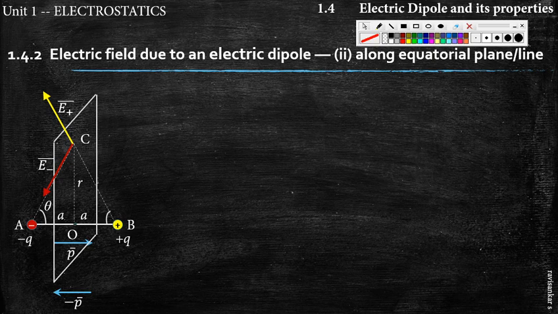Now what is the next thing? We have to add them vectorially. There are different methods for adding vectors. Of course, we must know the parallelogram method, by which we construct the two vectors as adjacent sides of a parallelogram.